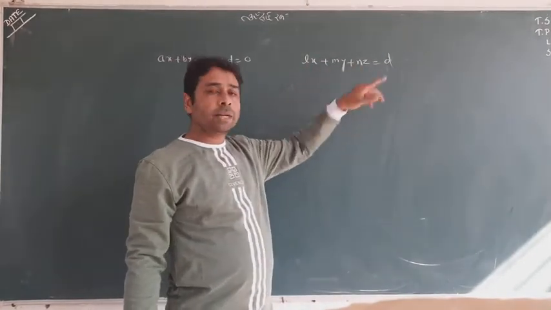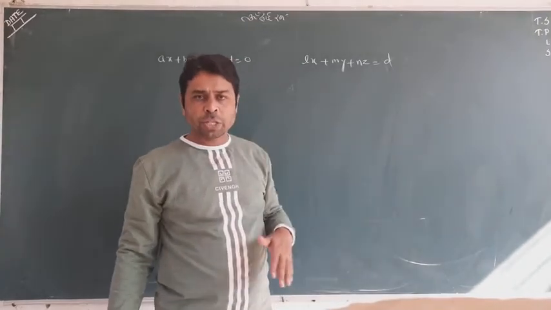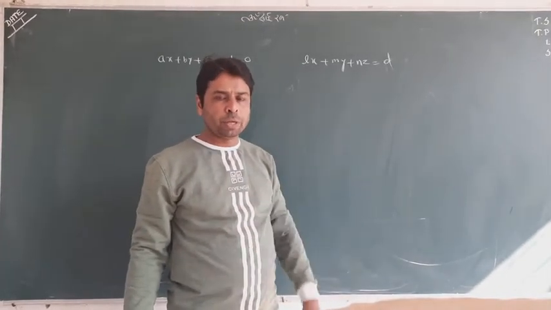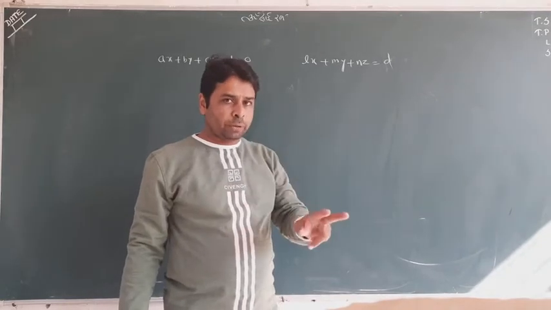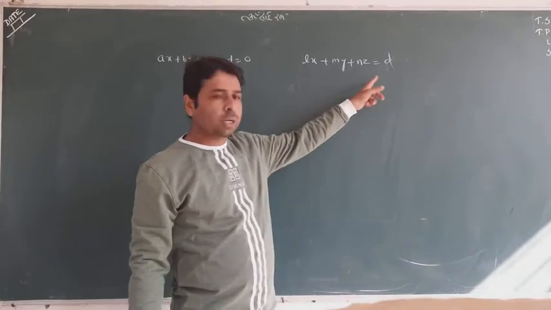L, M, N are the direction cosines of the normal of the plane. D is the perpendicular distance of the plane from the origin point. These two things are important and valuable, which we know very well just by looking at this equation.